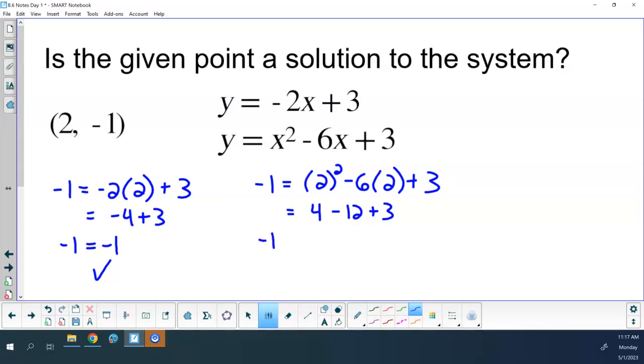Is negative 1 equal to negative 5? No. So that one is not a solution. It's got to work in both equations in order for it to be a solution.